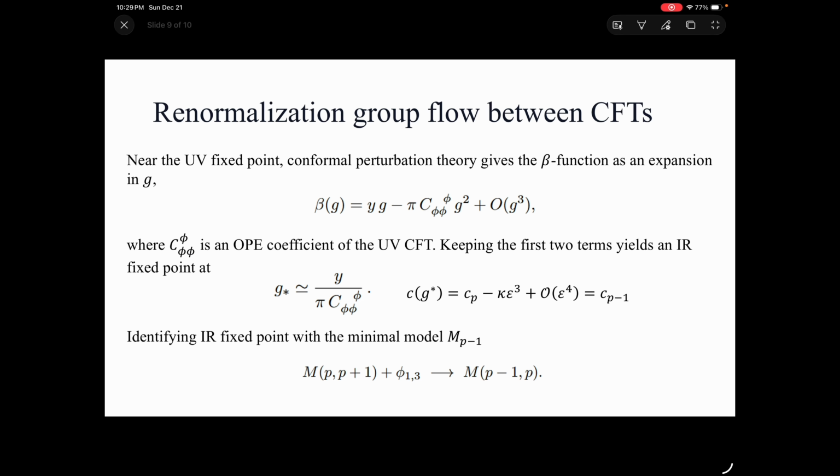An example is when p equals 4. The UV theory is the tricritical Ising model M(4,5) with central charge 7/10, and the flow ends at the critical Ising CFT M(3,4) with central charge 1/2.